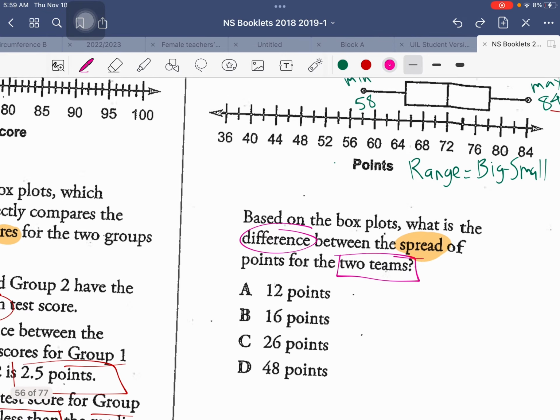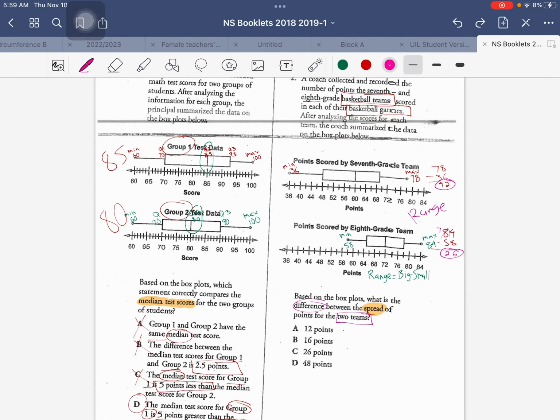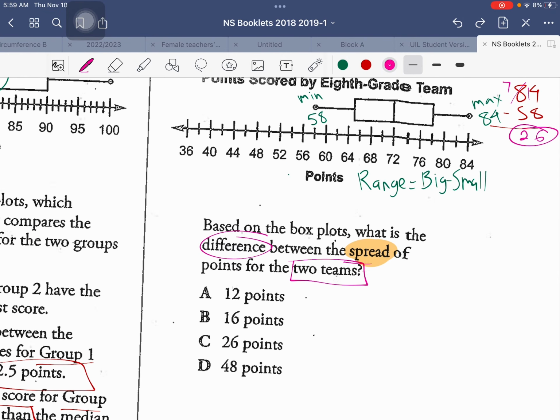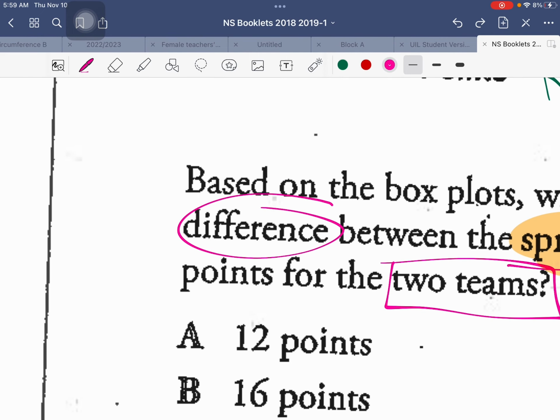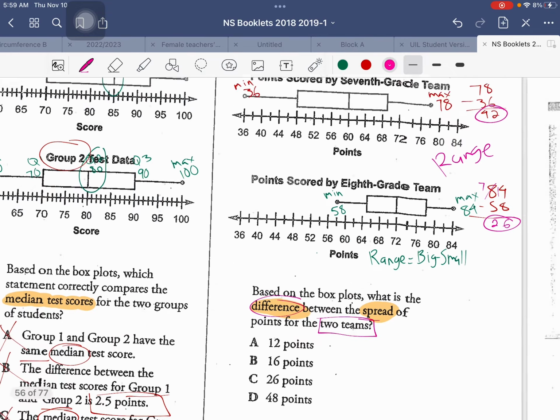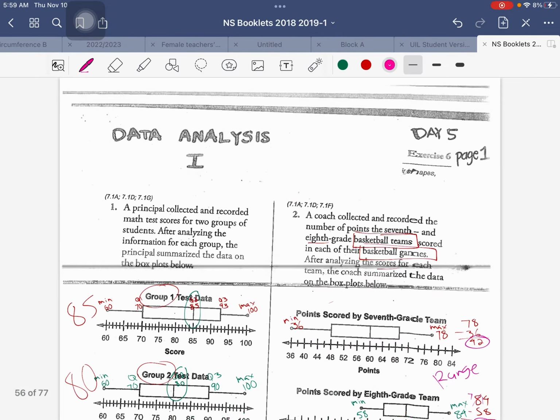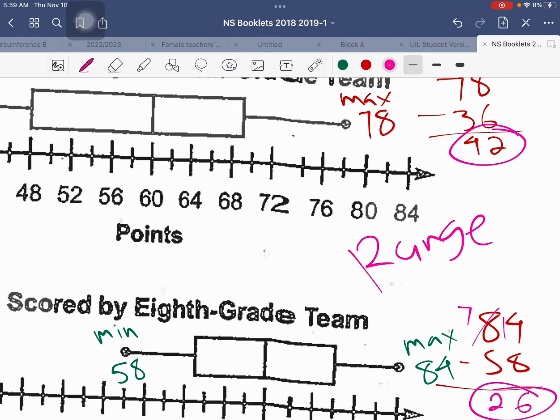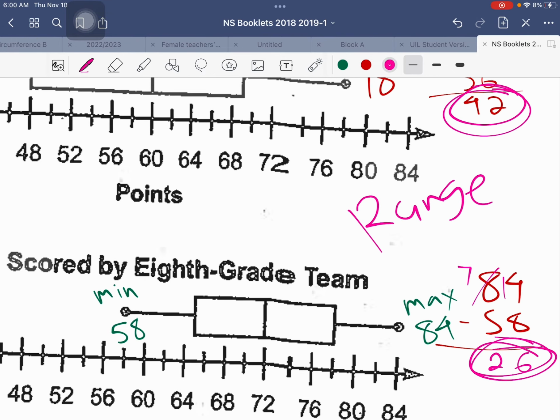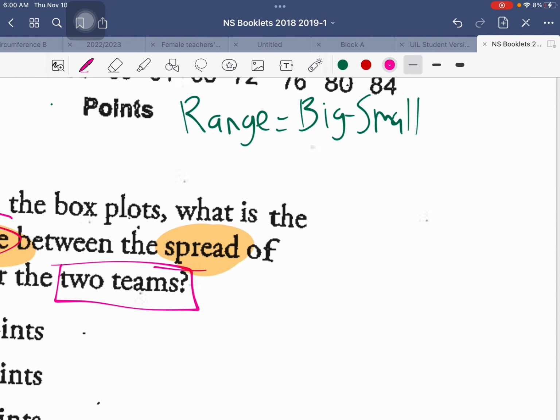Now, let's read. What is the difference between the spread? So, what's the difference between these two numbers? So that means what we got to do is we got to have 42 and 26 and just find the difference between them.